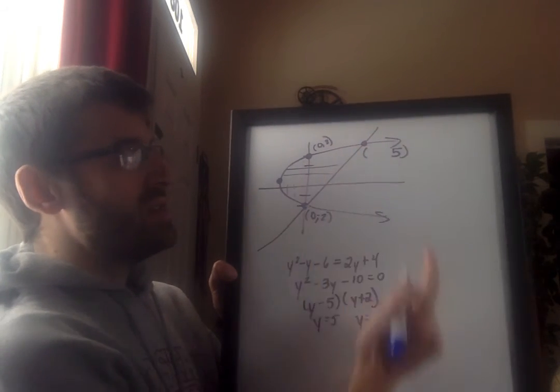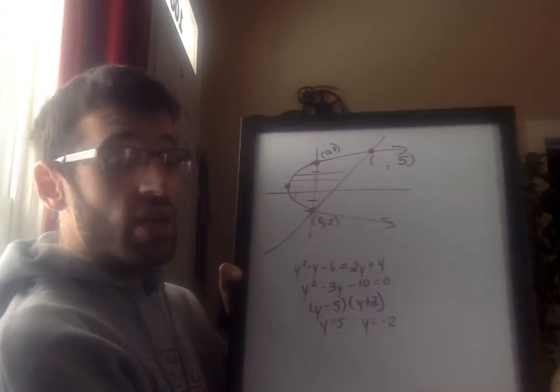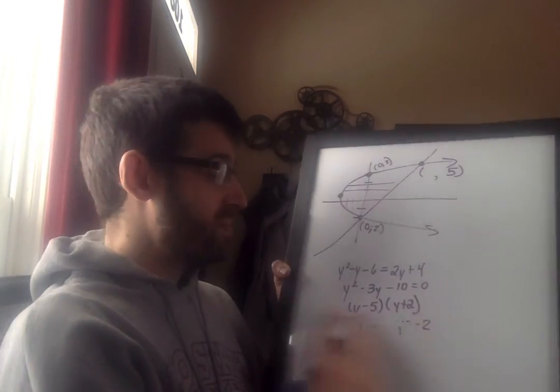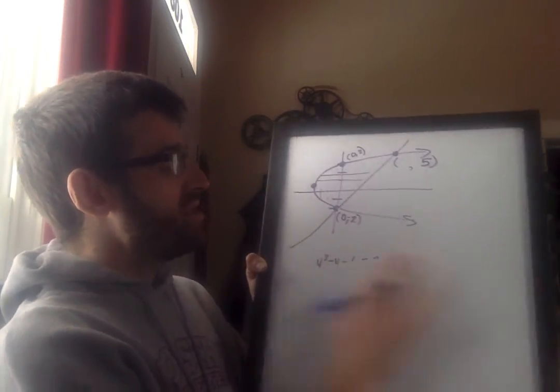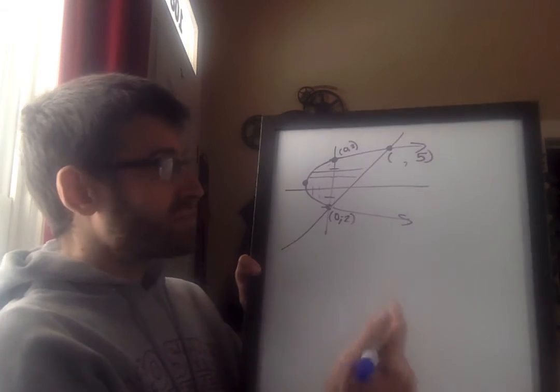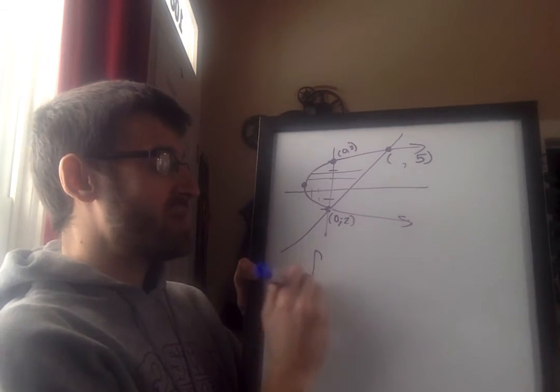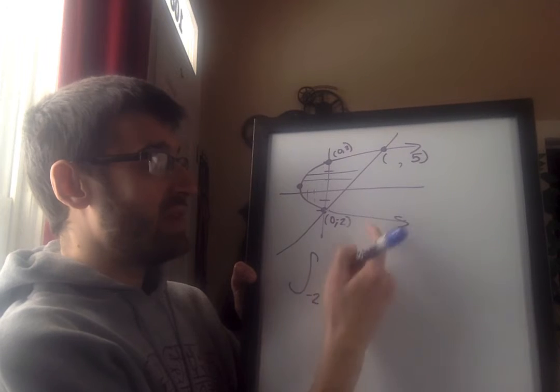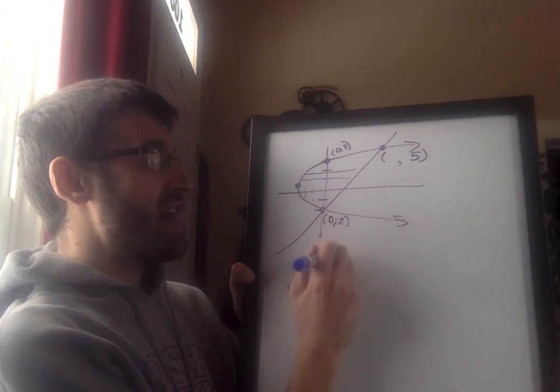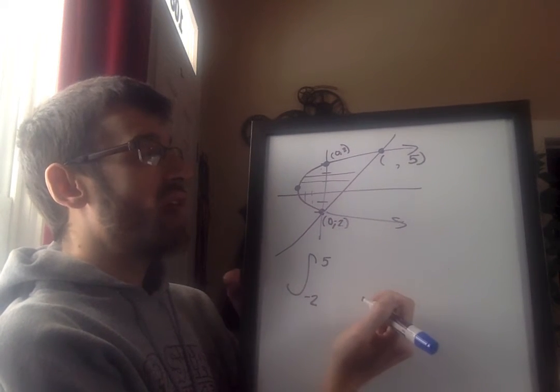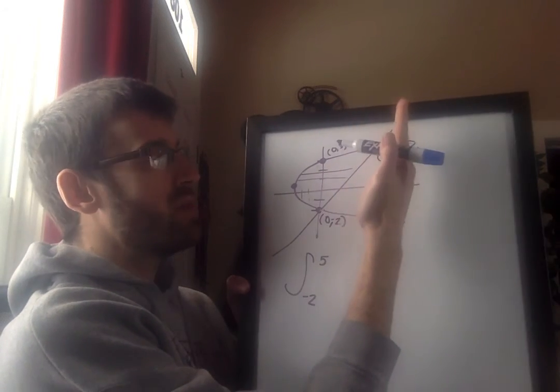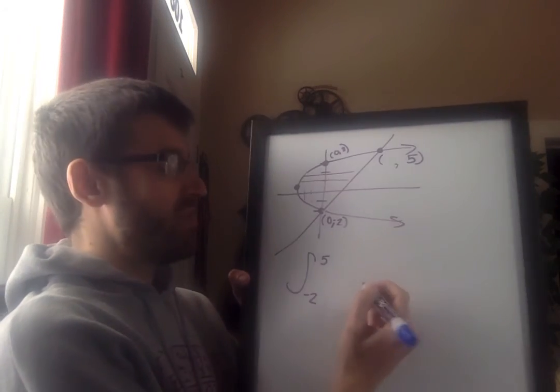Now, I really don't need to know the x value of this. I could find it, but I'm not going to. Because all I have to do to set up the integral is integrate with respect to y. So I'm going to go from negative 2 to positive 5 of the rightmost function minus the leftmost function.